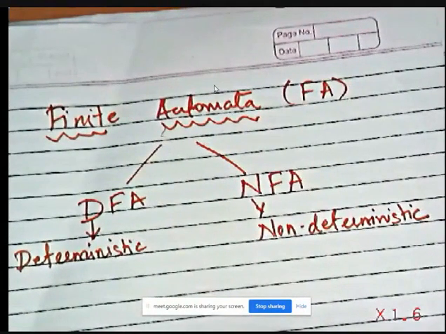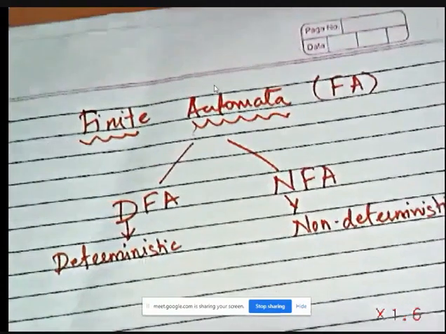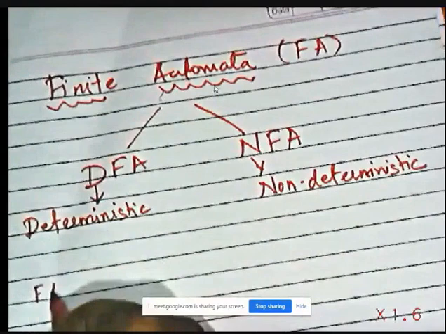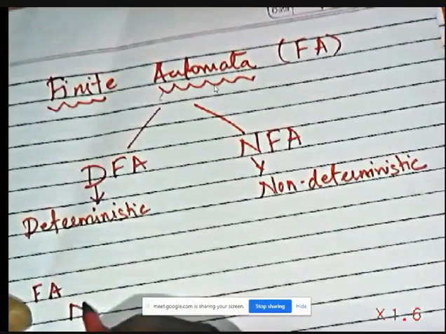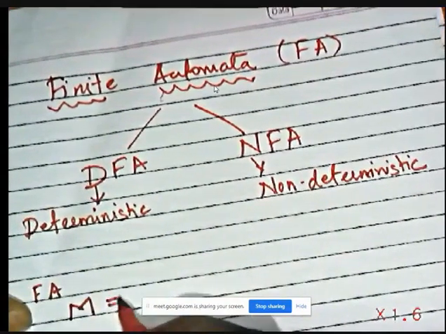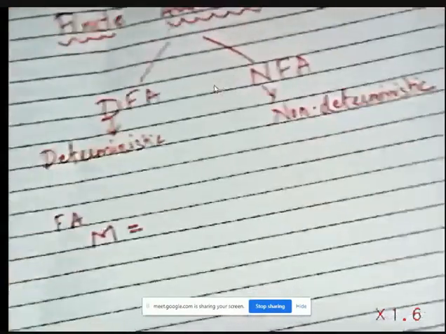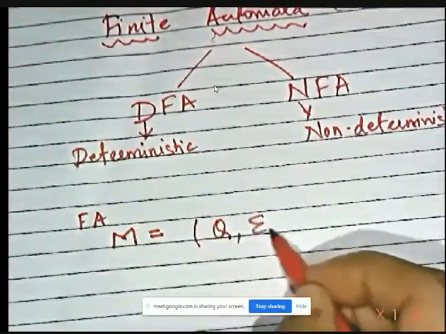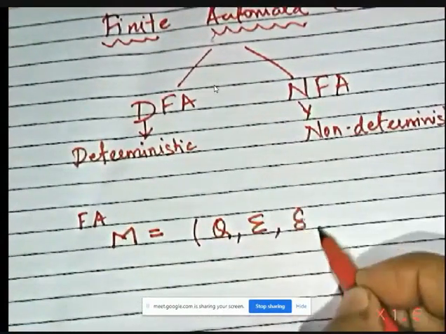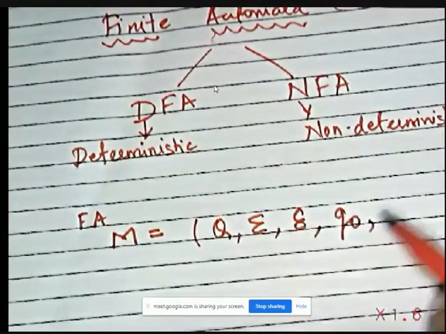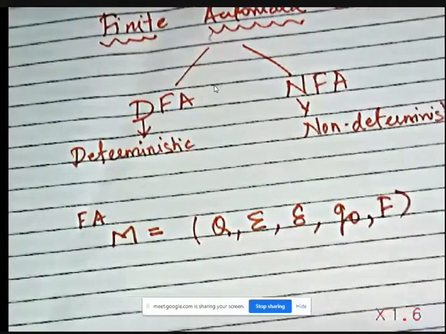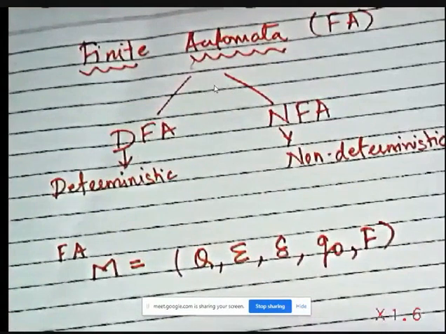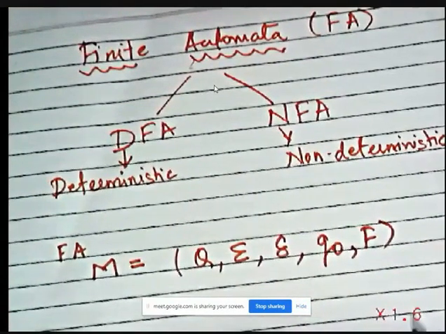What exactly does this mean? In the last discussion, we saw that we are representing finite automata with the help of the representation M, where M represents the machine, and it is represented by 5 tuples: Q, alphabet, delta, Q0 and F. As opposed to the finite state machine, we don't have output in finite automata.